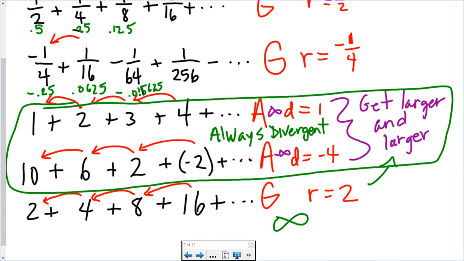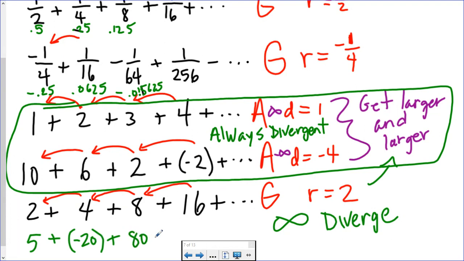We've taken a look at two different kinds of geometric series where the terms themselves get bigger and bigger. So this would be divergent because it does not approach a finite value. And think about if the common ratio was -4. If we start at, let's say, 5 and the common ratio is -4, then this would be -20. And then -4 times that, I'd get a positive 80.